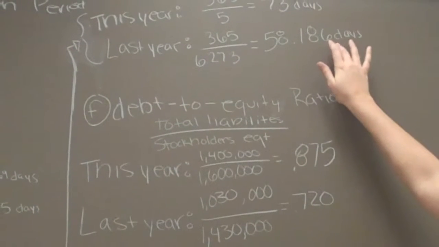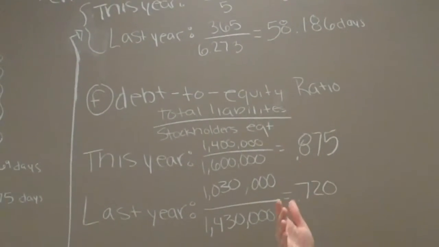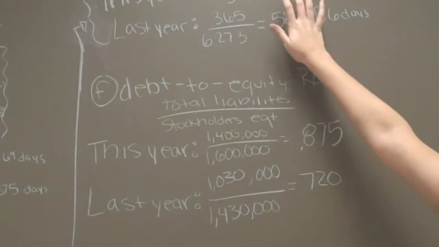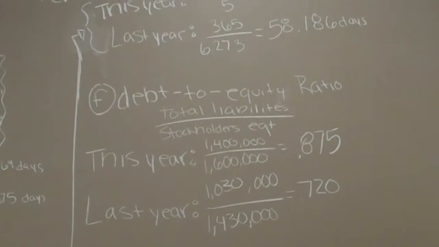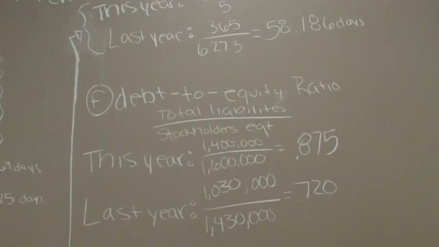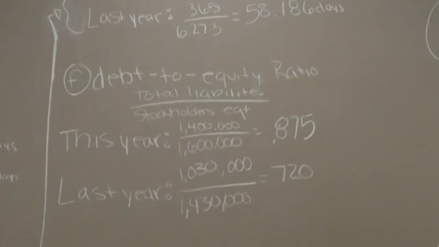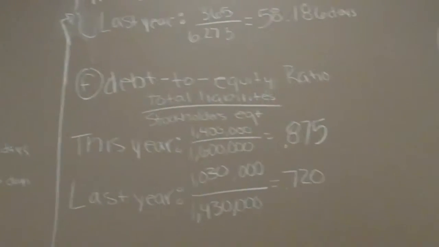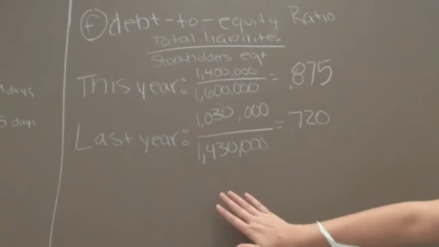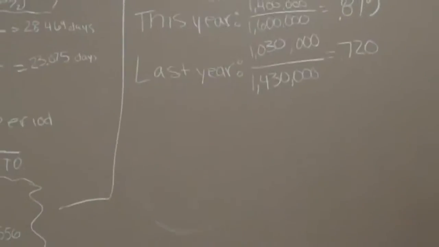This is also a negative because this will tell you how much you turn over your inventory. Since it's taking you longer to turn over your inventory this year, that means you're holding it or it's going in the wrong direction, which isn't always a great thing.